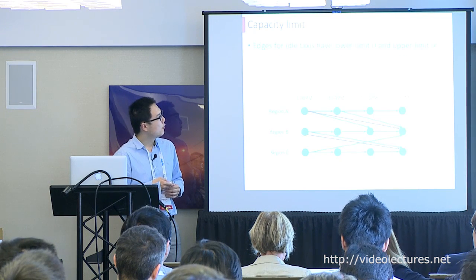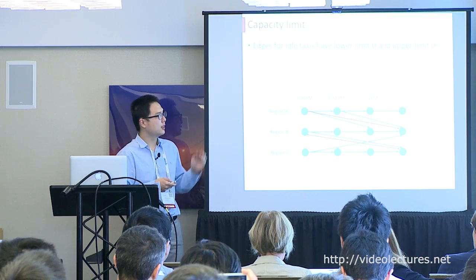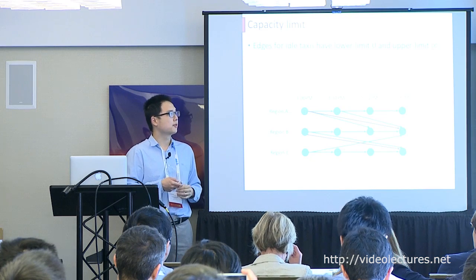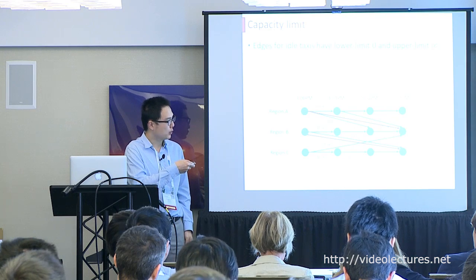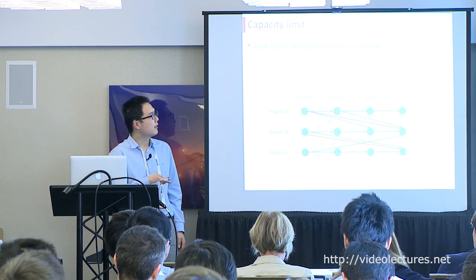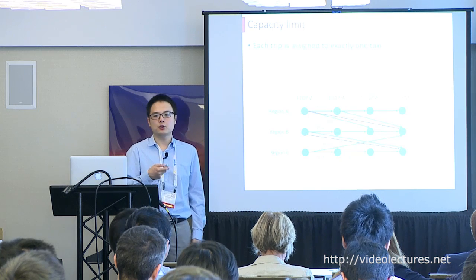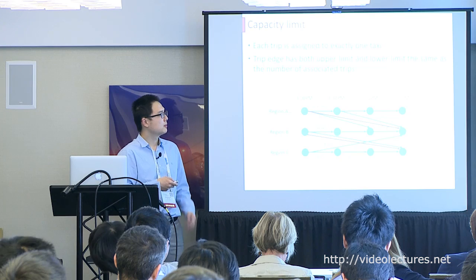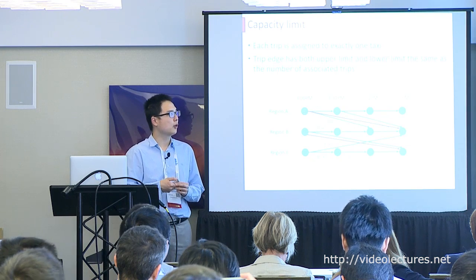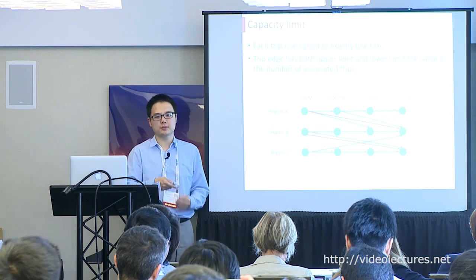And for idle edges, it trivially has a lower limit of 0 and an upper limit of infinity, which are these blue edges. However, since each trip has to be assigned to one and only one taxi, the edge must have both its upper limit and lower limit the same as the number of associated trips.